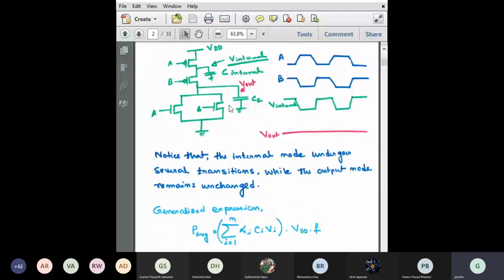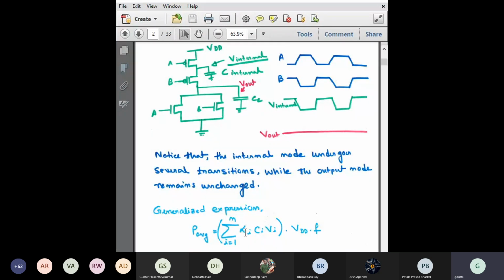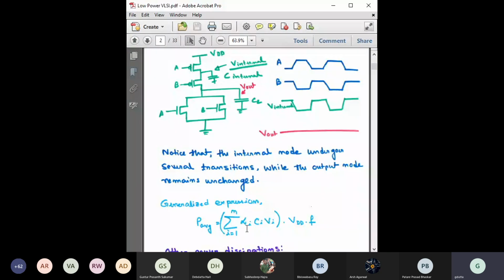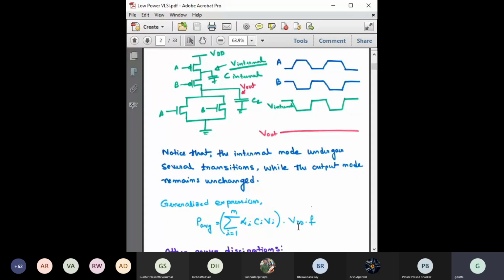So for that, in general, what you have to write is that the average power dissipation would be the summation from i equal to 1 to n, so basically we are considering all the capacitances, of alpha_i, the switching factor for that particular capacitive node, times Ci Vi times VDD.